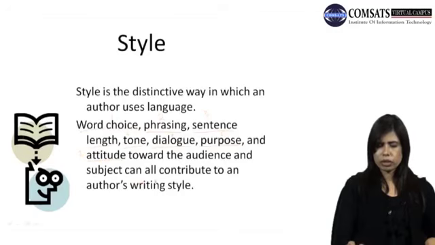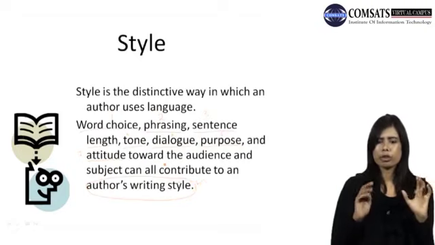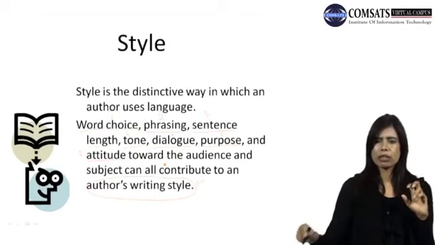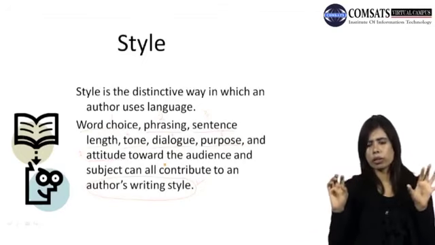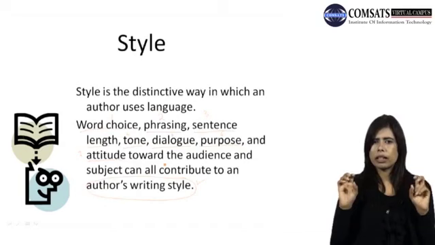So my dear students, this is an author's effective style. Okay, so everything comes here: word choice, phrasing, sentence length, tone, dialogue, purpose, and attitude towards the audience and subject. So all these things contribute to an author's writing style.